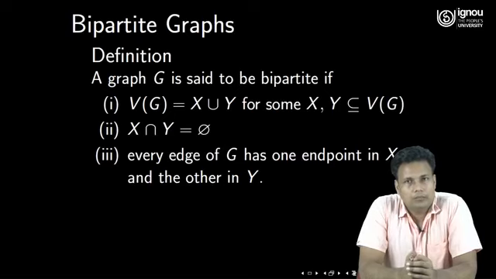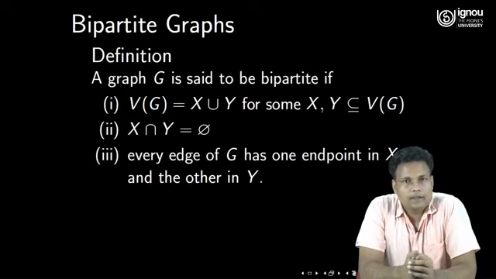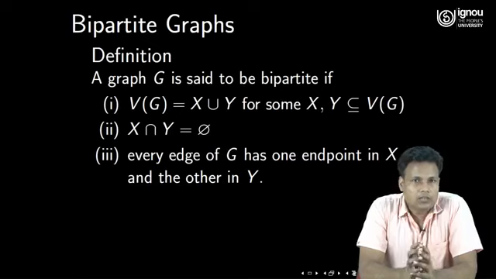A graph G is said to be bipartite if, first, V(G) is the union of X and Y for some subsets X and Y of V(G); second, if X intersection Y is empty; and third, every edge of G has one endpoint in X and the other endpoint in Y. So any graph that satisfies these three conditions is called a bipartite graph.